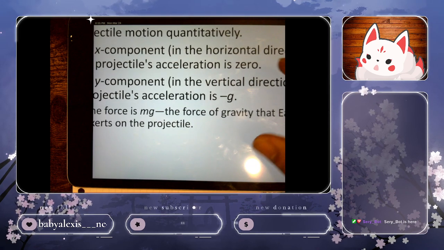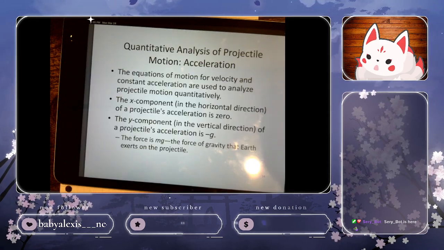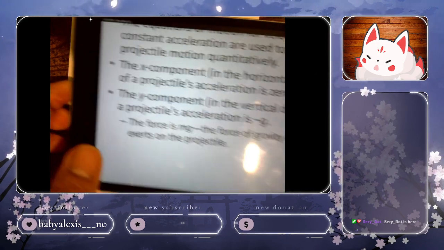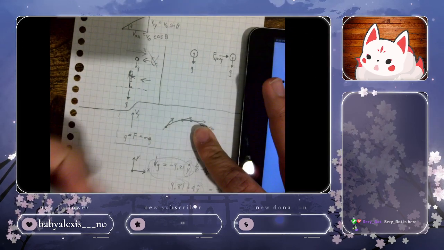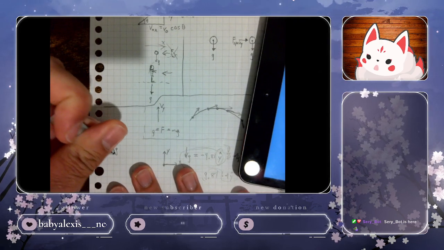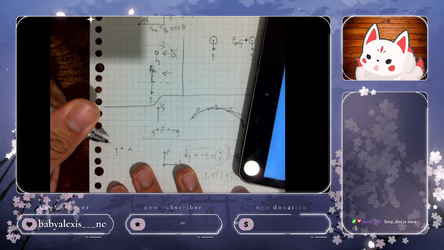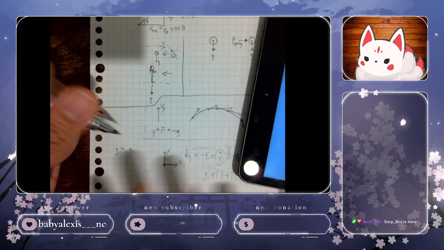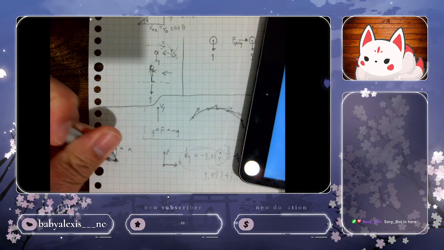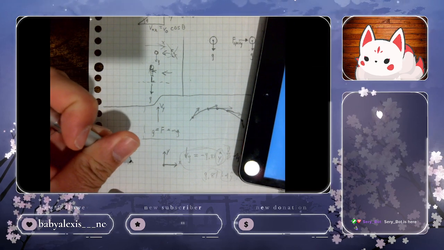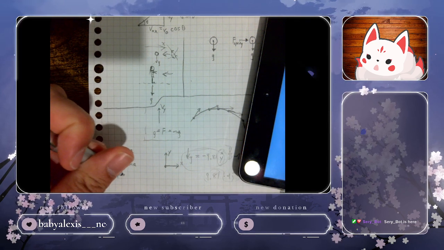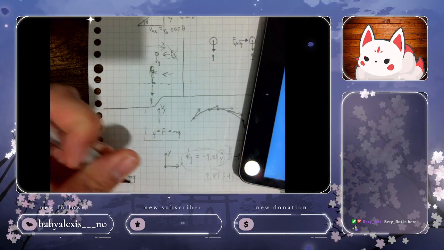I did write this earlier. The force is mg, the force of gravity that Earth exerts on a projectile. Gravity is an acceleration. The traditional equation is force equals mass times acceleration, and when it comes to gravity, we write force equals mass times gravity.